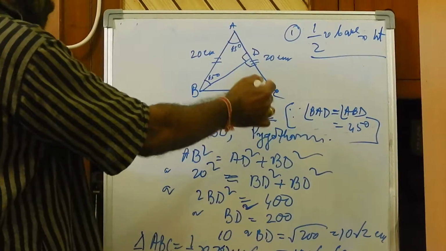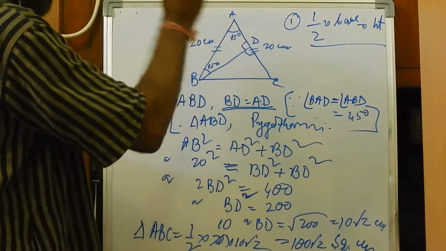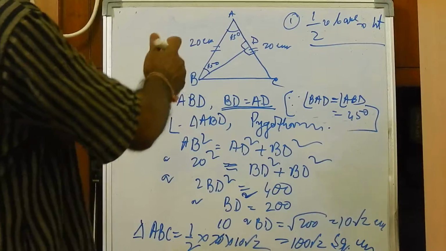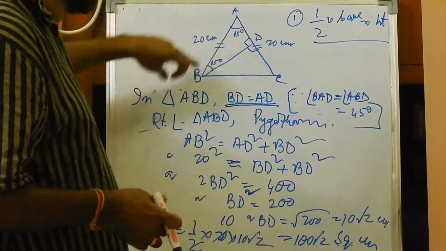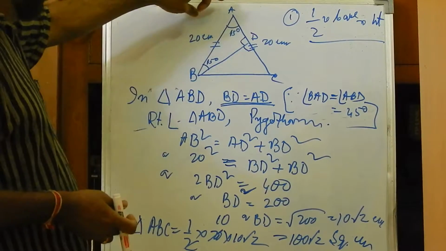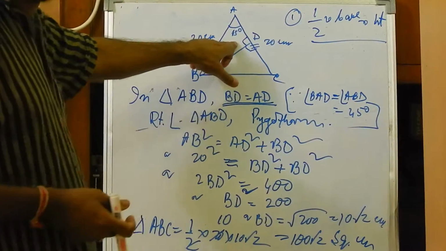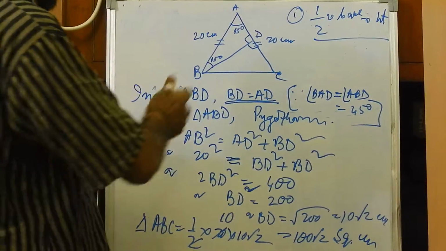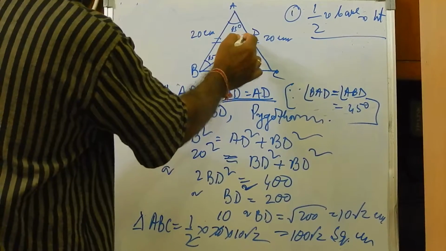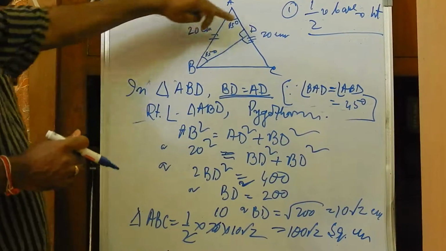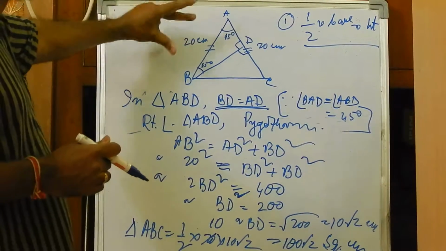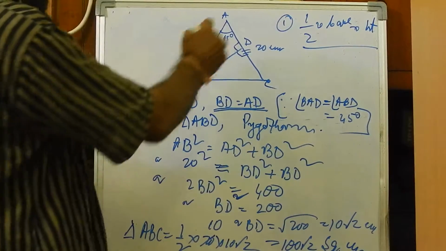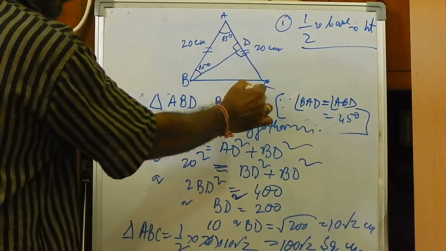So BD may be the height and AC may be the base of the triangle, but the height was unknown to us. That's why we have used this smaller triangle ABD, which was also a right angle triangle, and by calculating we found that angle ABD was 45 degree and angle A was already 45 degree. That means it was also an isosceles triangle, and that's why AD equals BD.